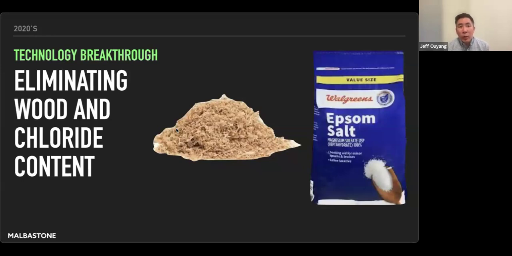And by reducing the wood content, it is much more moisture resistant. So you can see a lot of applications now, there's products in the market today that are used under wet conditions such as tile backers, and even in exterior applications now. If you look at even the new Disneyland in Shanghai, as well as Universal Studios in Osaka in Japan, magnesium oxide is used widely as an exterior surface to replace the precast concrete.